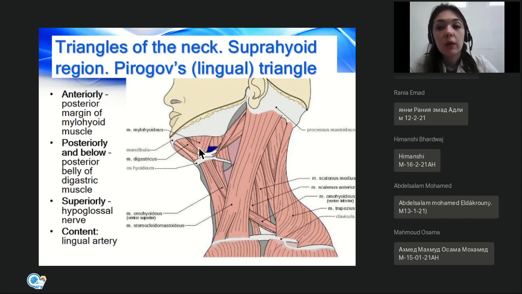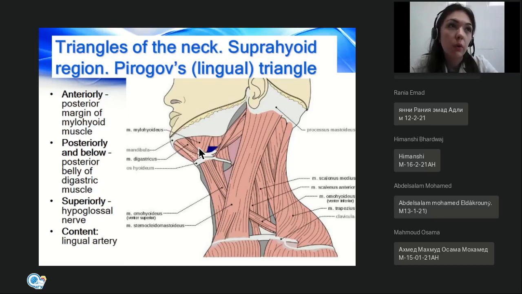In case of tongue cancer, for example, when glossectomy, the removal of the tongue, is planned, to decrease blood loss we first need to ligate, to tie, the lingual artery. And we use this Pirogov's triangle to reach the lingual artery and to ligate it.